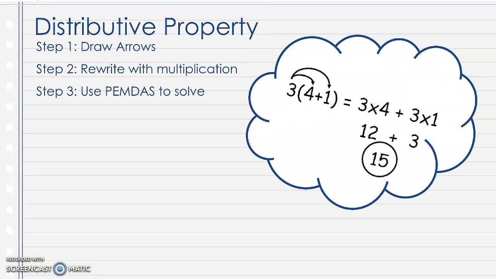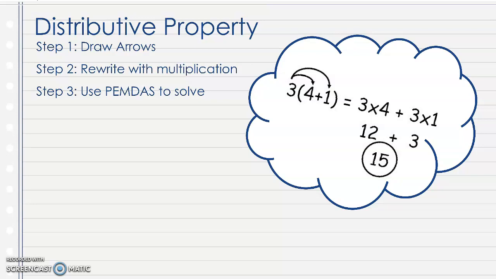Sorry about that. So when doing the distributive property, the first step is to draw the arrows. You're going to rewrite with multiplication, and then you're going to use PEMDAS to solve. Okay, so for this example, we have 3, and then in parentheses, we have 4 plus 1.